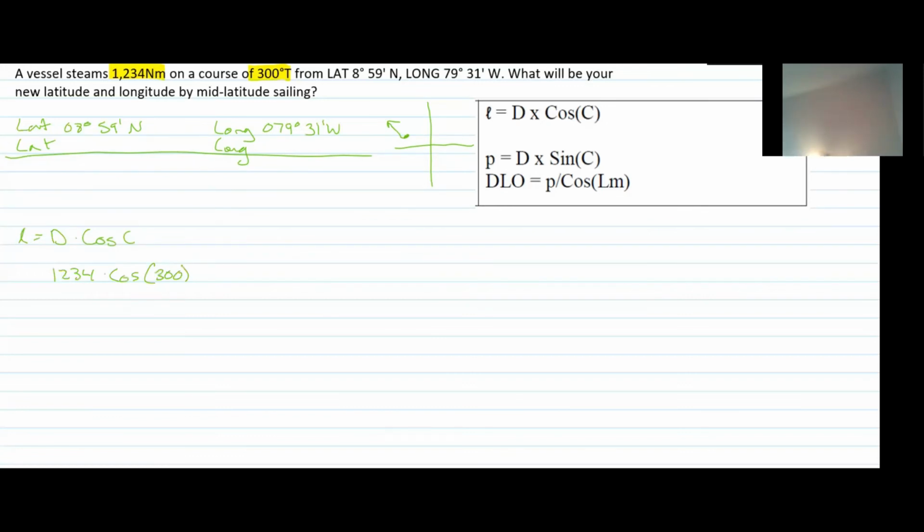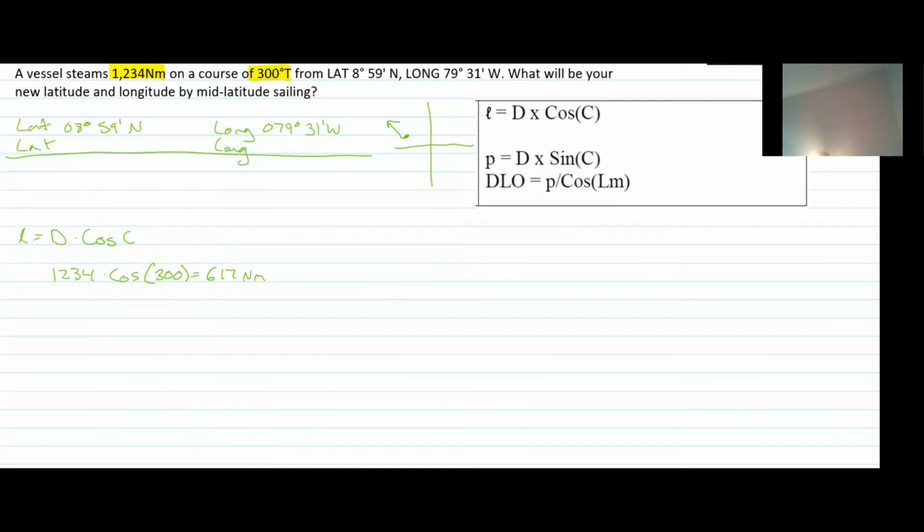You'll need to type it into the calculator. 1,234 times cosine parentheses 300 parentheses. And this will equal 617.